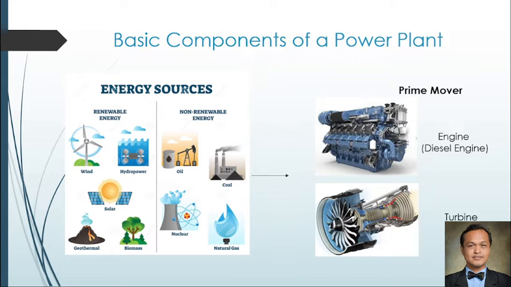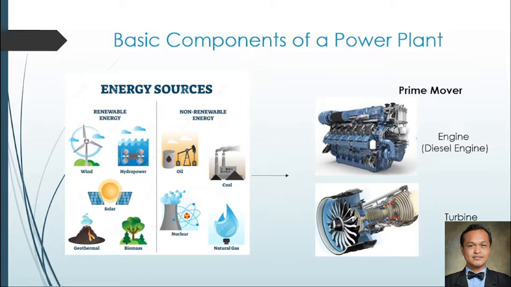Another prime mover is the turbine, used in a hydropower plant and also in a wind power plant as the wind turbine. This is just an example of a prime mover. As the prime mover is moved, it will rotate the generator.